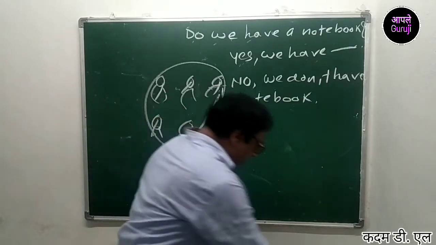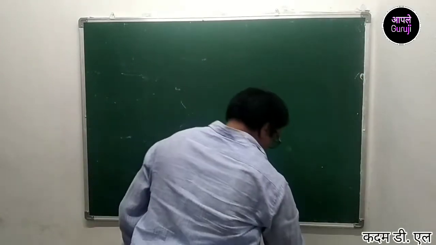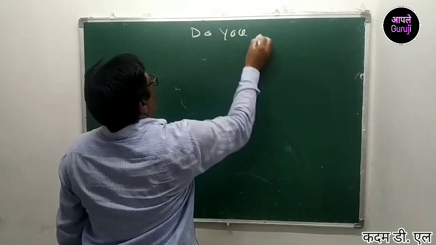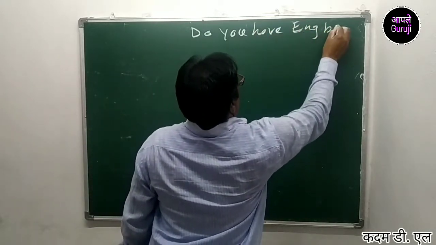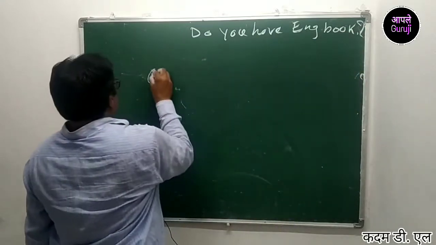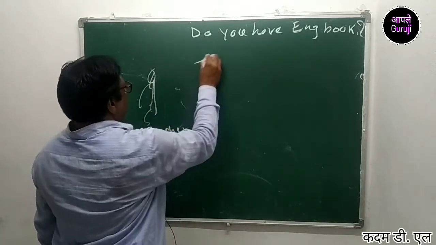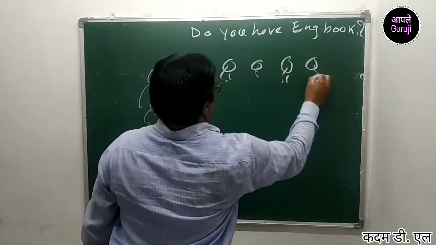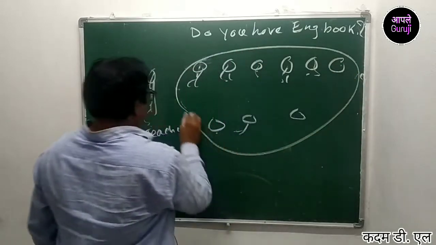Okay? Then see another example. Do we have English book? Do you have English book? So this is the teacher, and these are the students in the class.